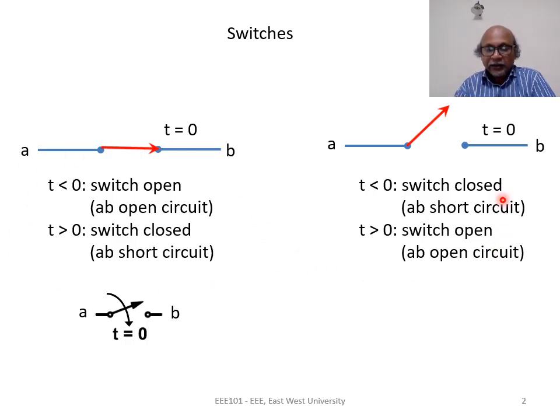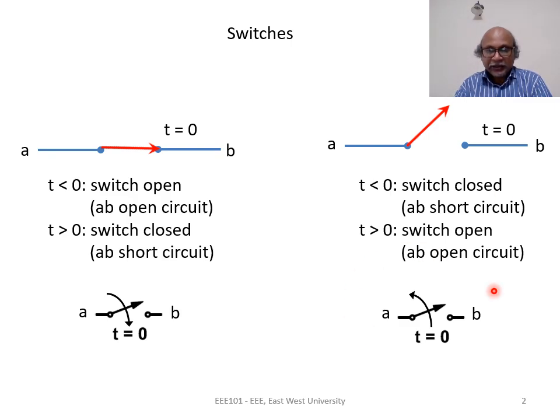On the other hand, if I want to represent the right switch with a circuit symbol, everything else will be the same, but the direction of the arrow will be opposite. In this switch, the lever is moving such that it is opened from the closed condition.